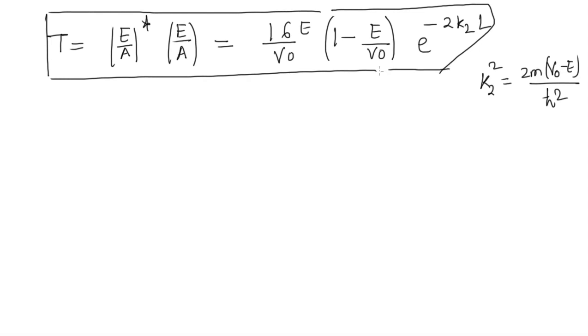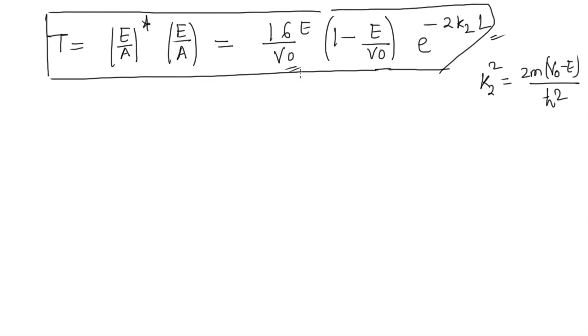What more information do I get here? My T, the transmission probability for a particle to cross the barrier, depends upon two important factors, V0 and L. How do they depend?